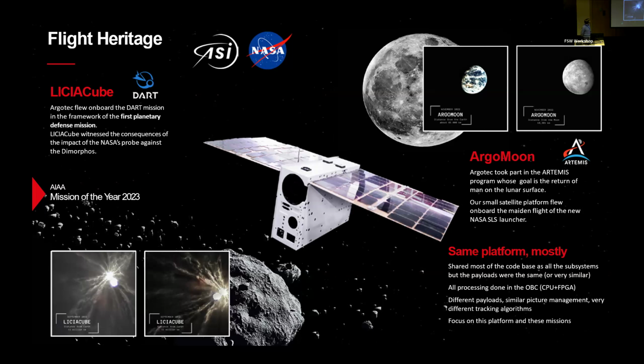And LichoCube, which flew with DART a few years ago, was released from the main DART probe a few weeks before the impact, and it took pictures of the impact, basically.